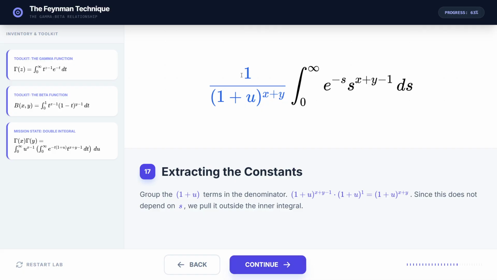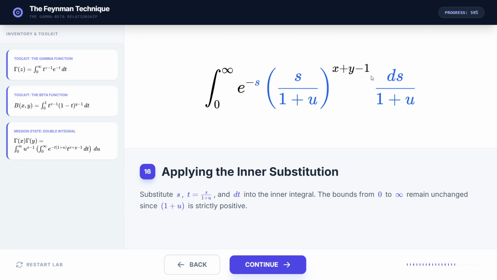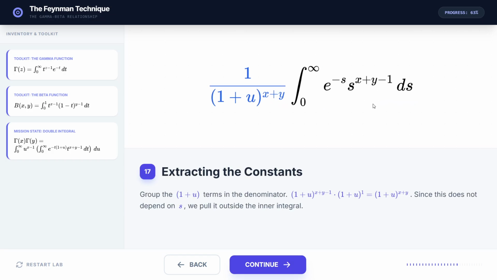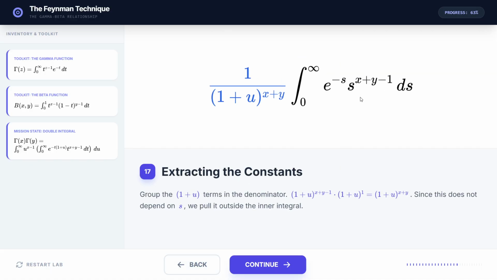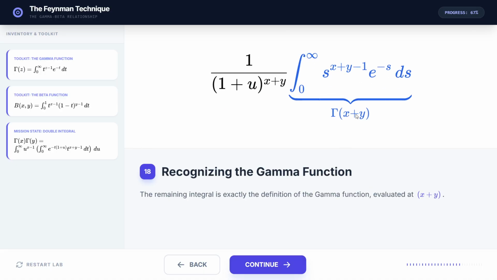All the stuff that doesn't depend on s comes right outside the integral, and we're left with just this inside the integral. All right. And now you'll notice this just becomes 1 over 1 plus u to the x plus y times, let's see, what is this really? This is gamma of x plus y.